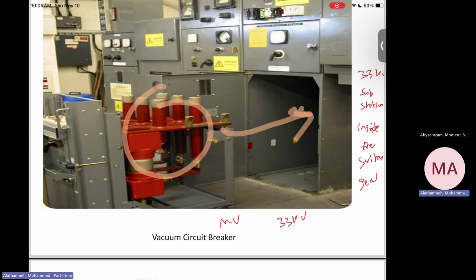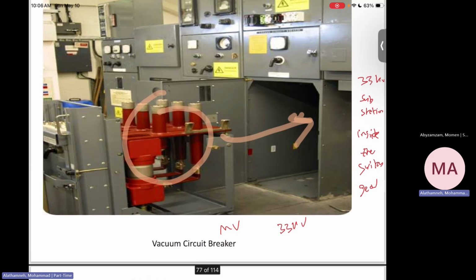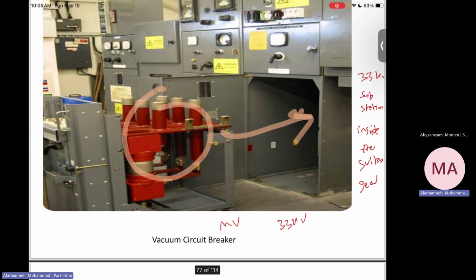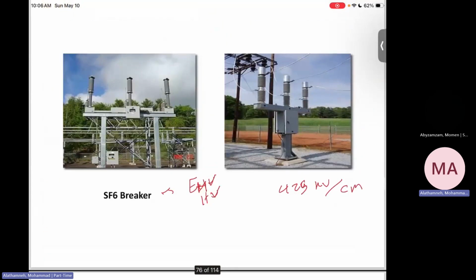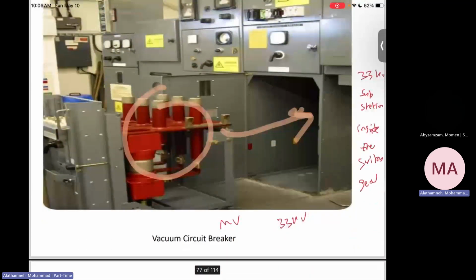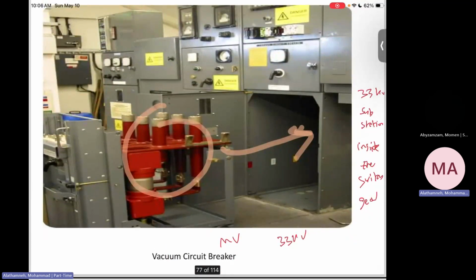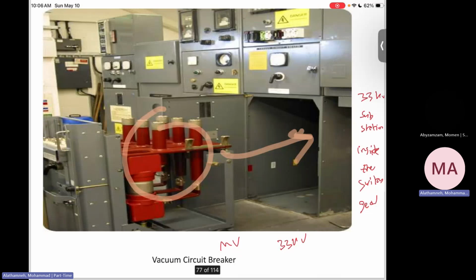The good thing about the vacuum is that it has a long life, there are no fire hazards, and it is more environmentally friendly than the SF6, because the SF6 is a greenhouse gas, which impacts the environment, while the vacuum is safer for the environment and has a longer life.